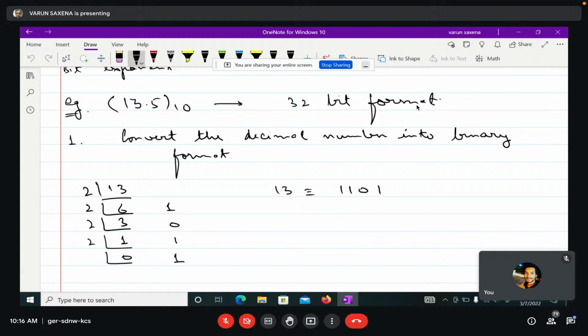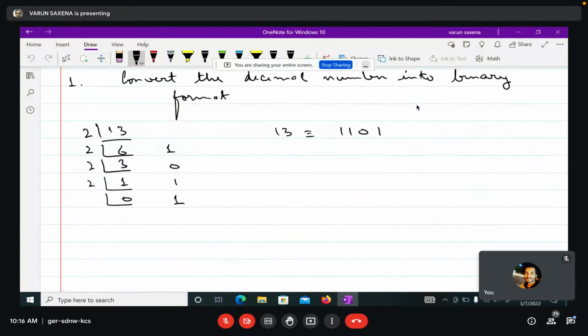Okay. Anyways, so moving ahead, this is 13, right? Then let's do something for 0.5. That's also a simple, straightforward procedure. You get 0.1, so you get a 1 here, and because you've got a 0 here, we don't even need to go further.